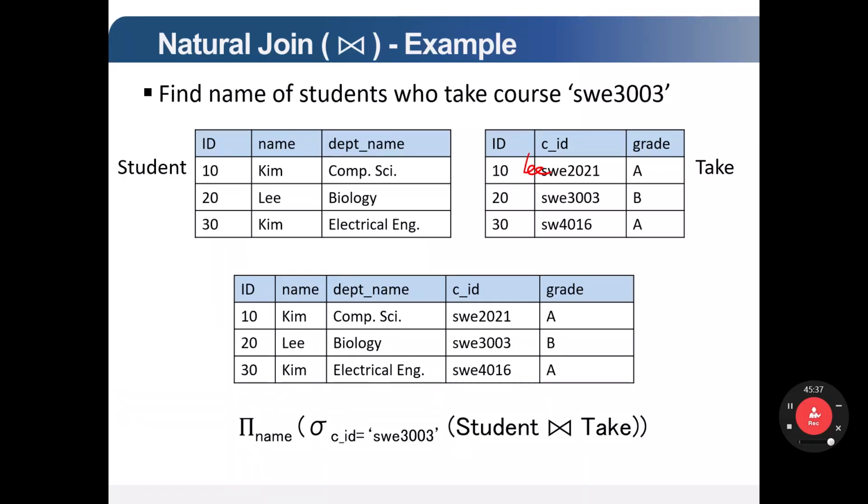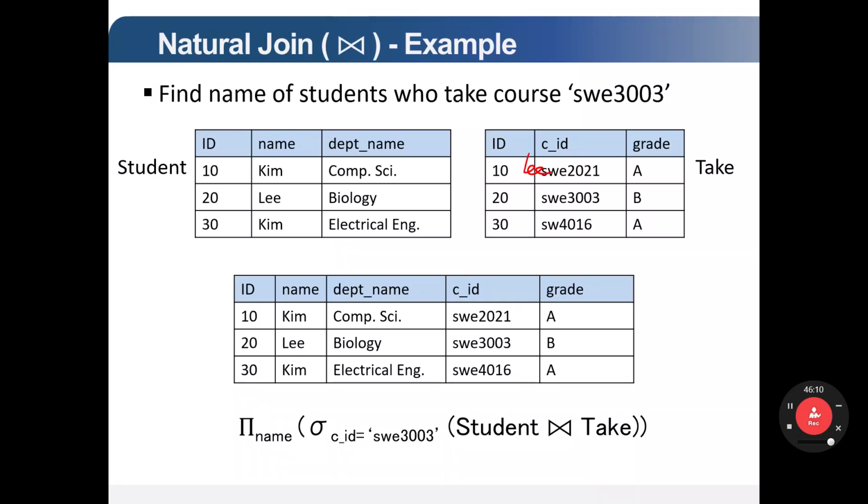So 10, 20, 30, this is student, and Kim, Lee, and Park. And let's say we have takes table, and in takes table, 10 SWE 3003, 10 SWE 4004, and so on.